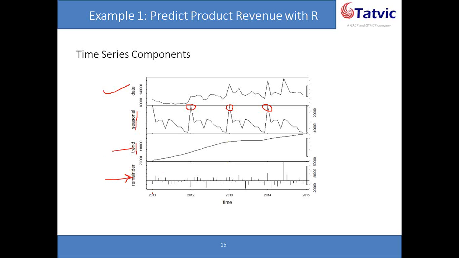And then this is the remainder, which shows anomalies. Sometimes you see a spike, and it corresponds to an anomaly. The remainder is suggesting that something anomalous is happening. Maybe there is more investment in a campaign. Maybe certain external factors have played a role.